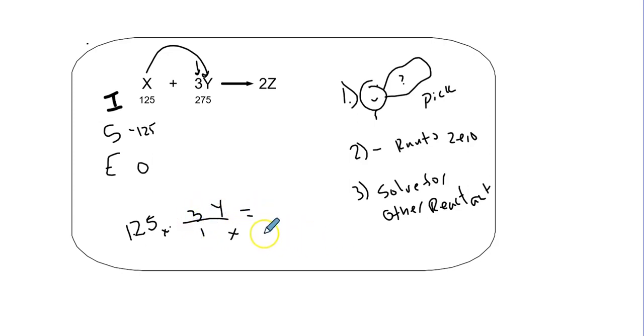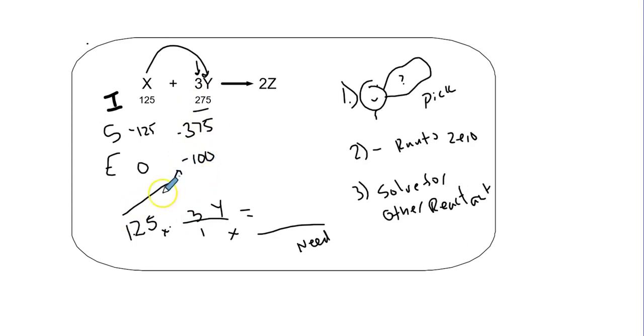Now whenever I solve for a reactant, once again, it's a need. So this is going to say, if I consume all my X, how much Y will I need to go with it? Regardless of what I have, how much do I need? 125 times 3 is 375 minus. And you'll notice at this point, I go negative 100.